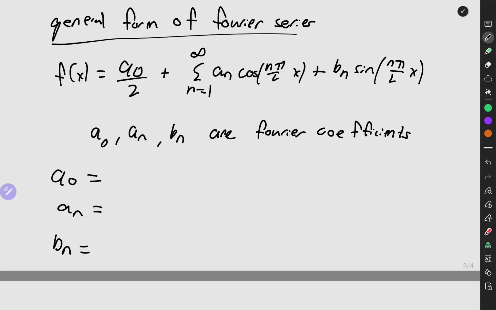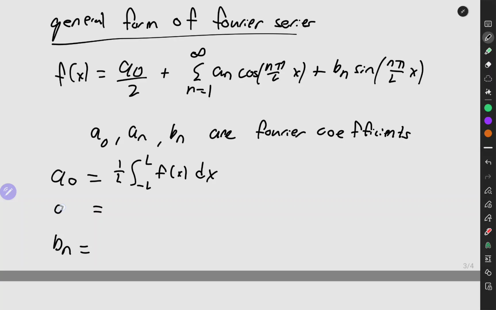A sub naught is 1 over L integral from negative L to L of f of x dx.